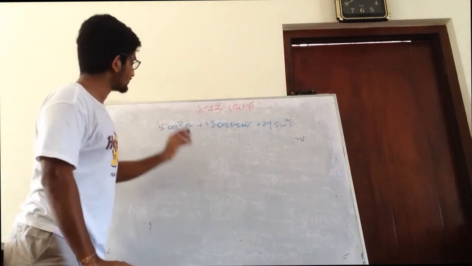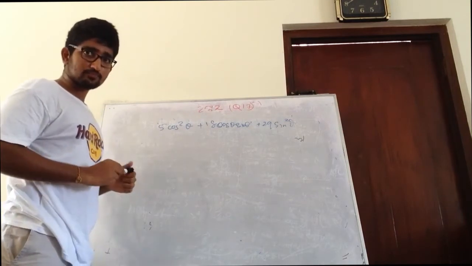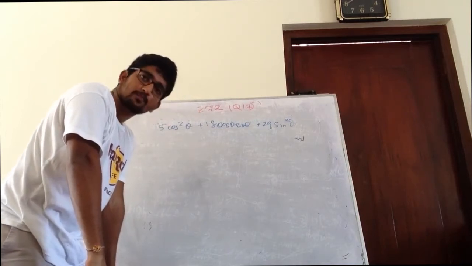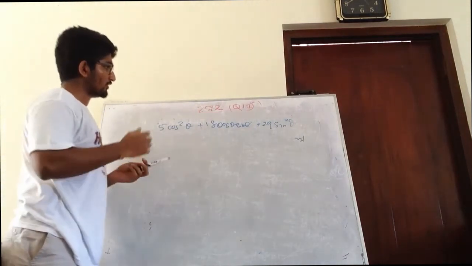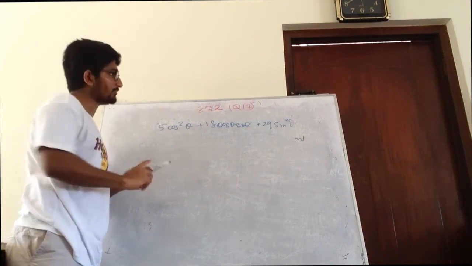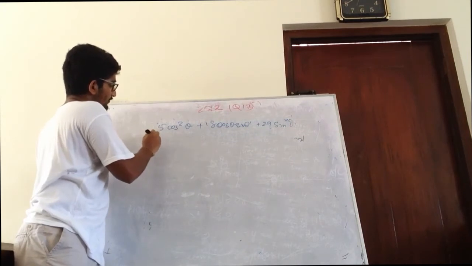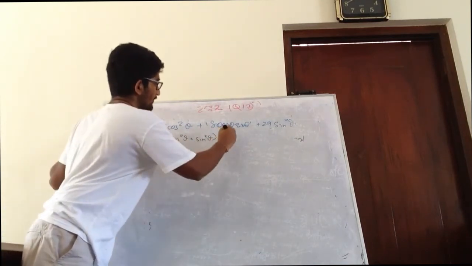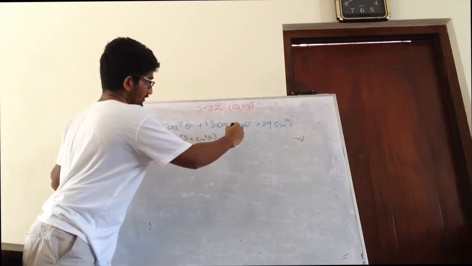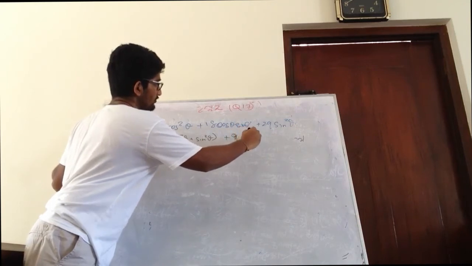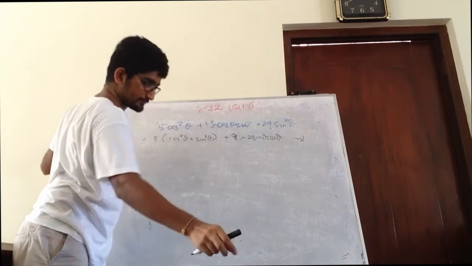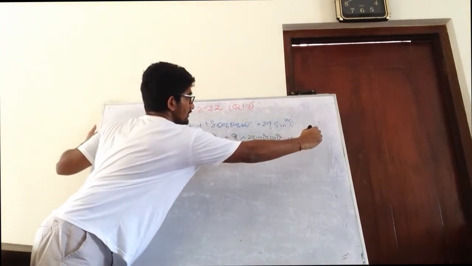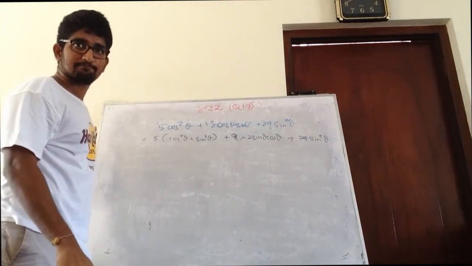So when there's cos square theta and sin square theta as well, and then there's a cos of 2 theta plus alpha, I can get a constant instantly by taking 5 times cos square theta plus sin square theta, plus 9 times 2 sin theta cos theta, plus, since I've already taken 5 of this, 24 sin square theta. Agreed?